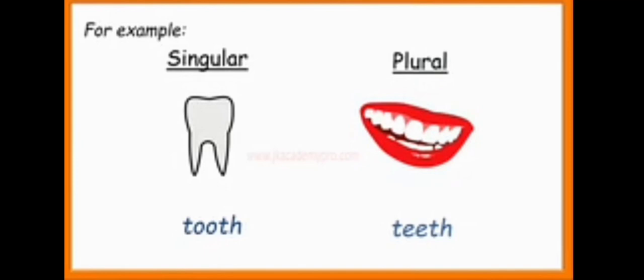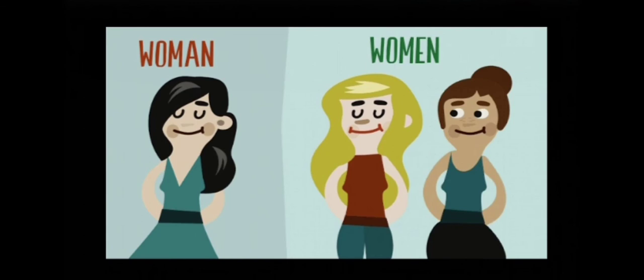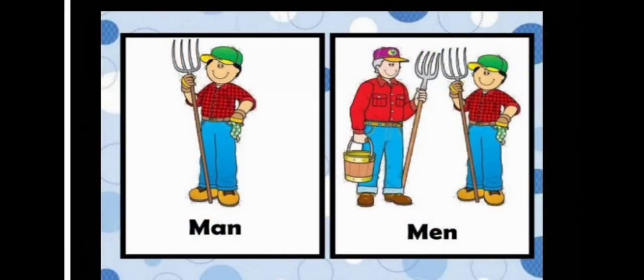So, the plural form becomes teeth. The singular form of woman changes to the plural form by changing the inside vowel. So, the plural form becomes women. The singular form of man changes to the plural form by changing the inside vowel. So, the plural form becomes men.